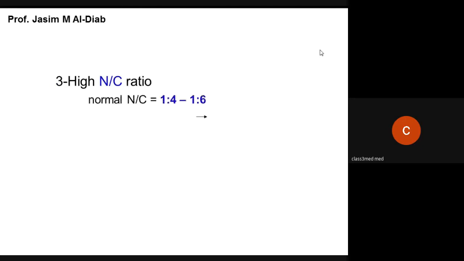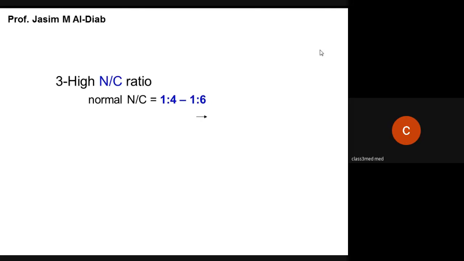Another criterion is the high nucleocytoplasmic ratio, the ratio of the nuclear size to the cytoplasmic size. Normally, it is not more than 1/4 or 1/6. The nucleus is normally a quarter of the size of the cytoplasm.